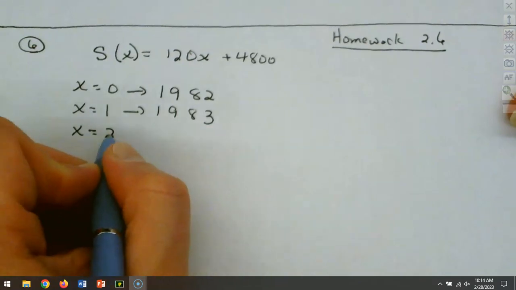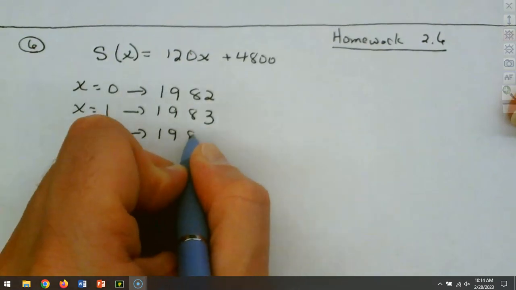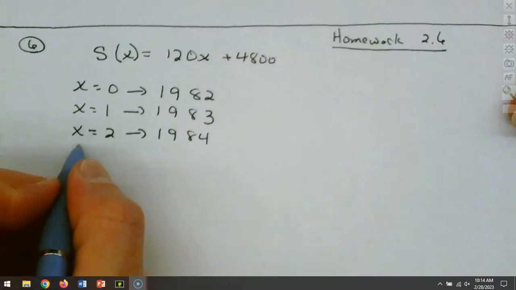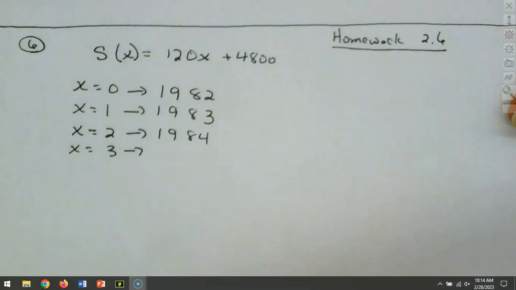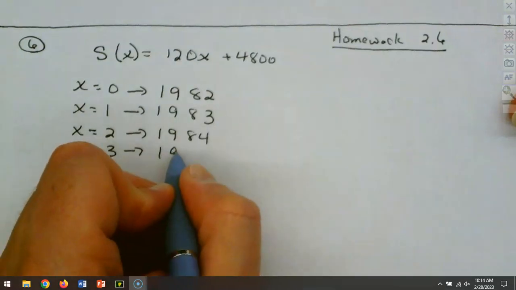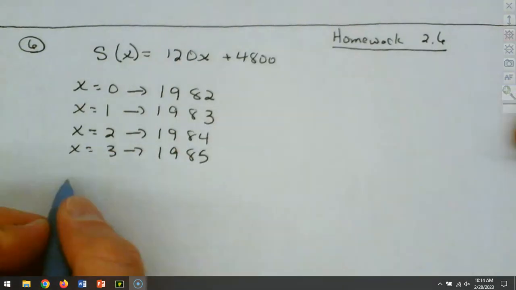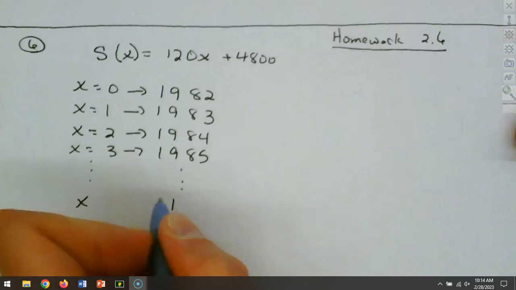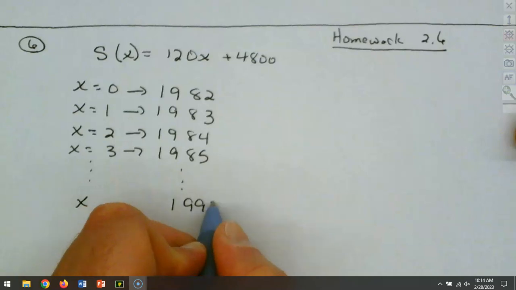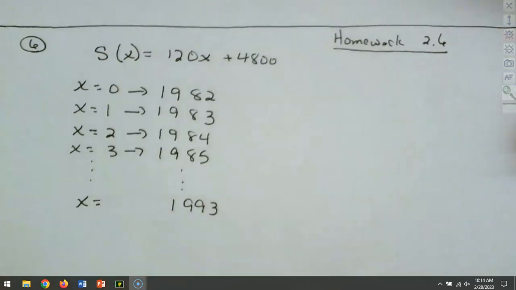X equals 2 would be 1984. And we'll do one more, and then we'll figure out the number we're going to plug in. So x equals 3 would be 1985. And continuing this pattern, we want 1993. And so 1993 would be what?